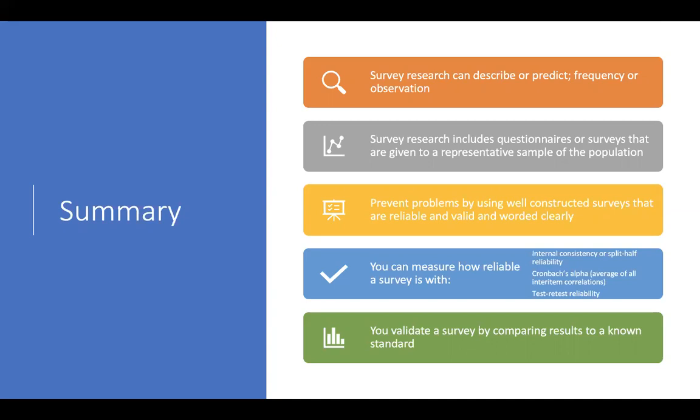You want to prevent problems in your research by using well-constructed surveys. You want reliable, valid surveys, and you can measure that reliability and validity. And you can compare results of your survey to a known standard to support whether your questionnaire is a valid questionnaire.